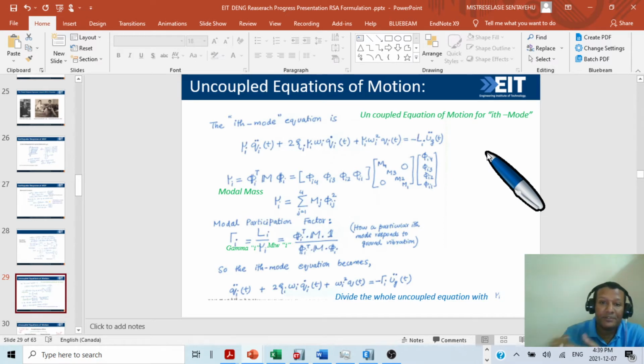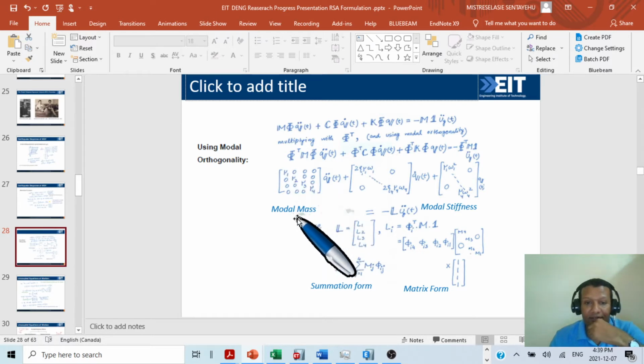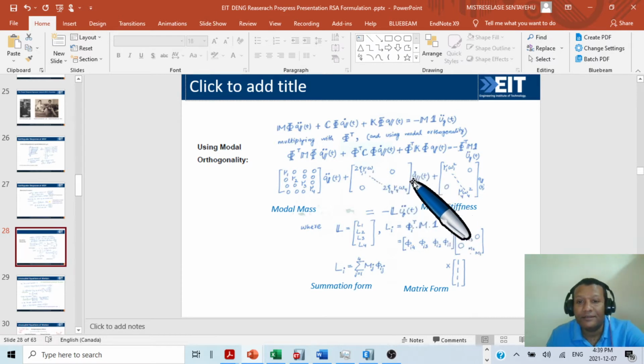So the uncoupled equation of motion, this is very important. Now the uncoupled equation of motion, because we have 4 modes, so for example: mu1 times q double dot(t) plus 2 times xi mu1 omega 1 times q dot(t) plus mu1 omega1 square, this is modal stiffness, times q is equal to minus L u g double dot(t).